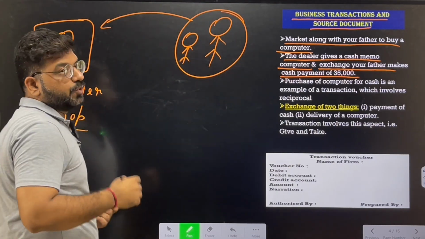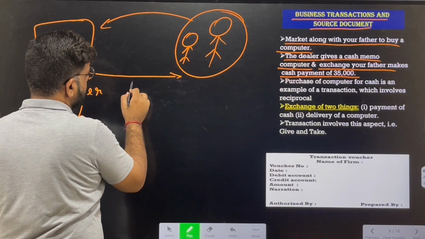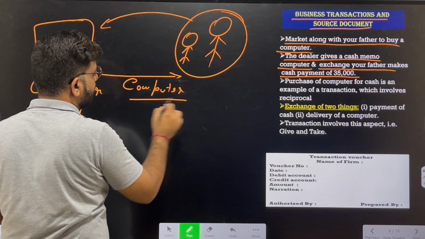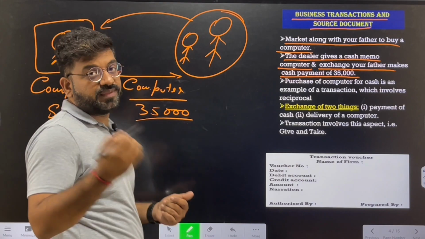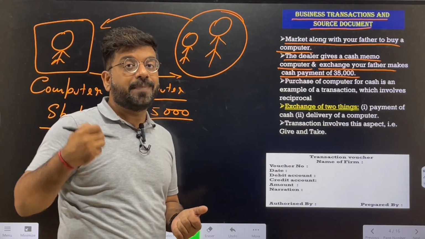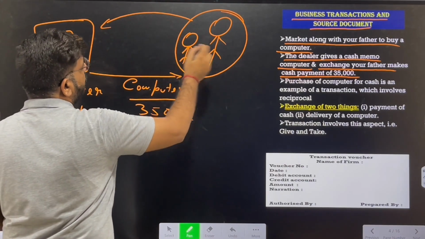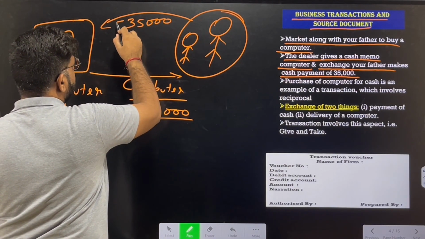You asked for a computer, and this person delivered you the computer, which was of rupees 35,000. Now, when you have that computer with you, you will have to pay for it as well. So you and your father will pay 35,000 rupees to this person.